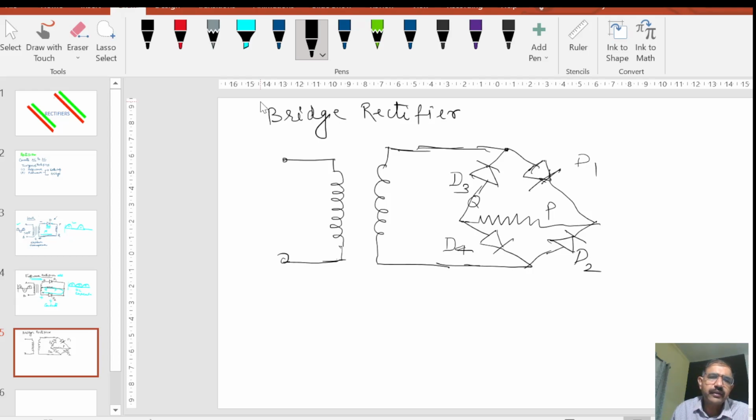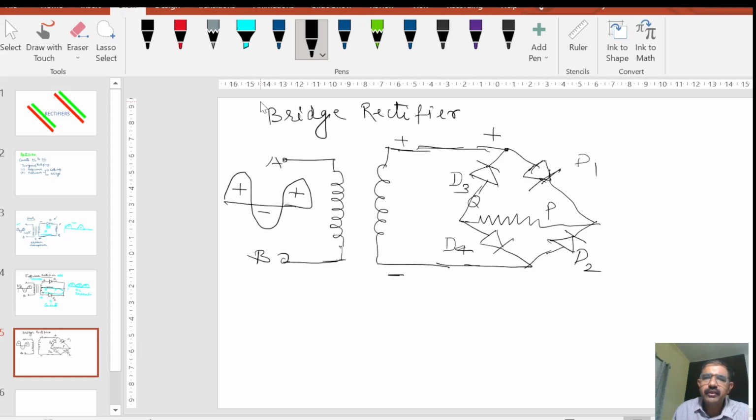So this is diodes D1 and D4, this is diodes D2 and D3. You will see, when you apply the AC waveform, this is the positive cycle, negative cycle, positive cycle, like this. These are points A and B. During the first positive cycle, this end becomes positive and this end becomes negative. So what is the direction of current?